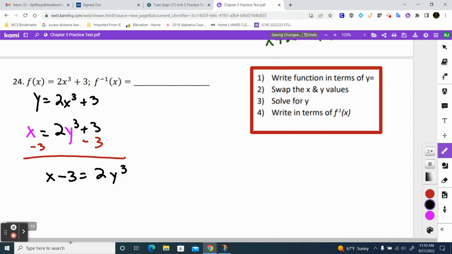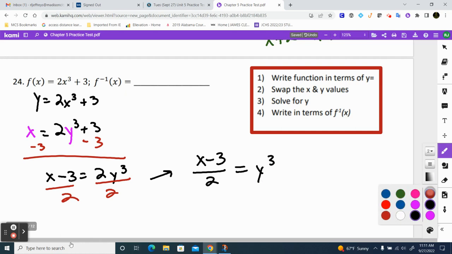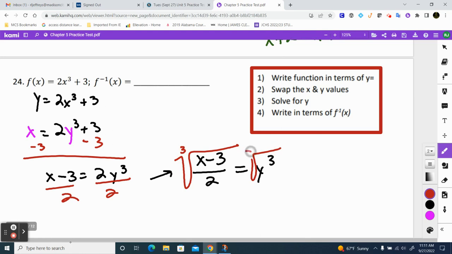Okay. I subtracted 3. Now what would I have to do? Divide by 2. All right. We have y to the third power over here on the right hand side. How do we undo that third power? Yeah, cube root.